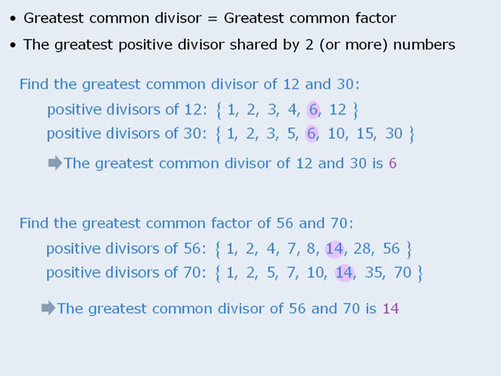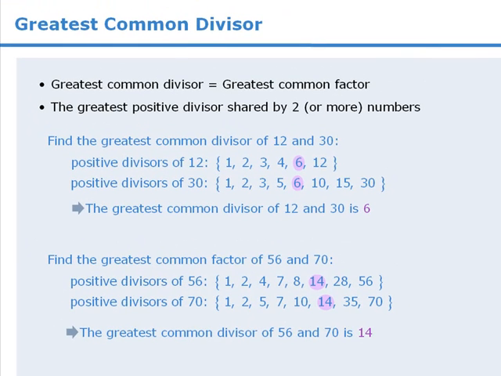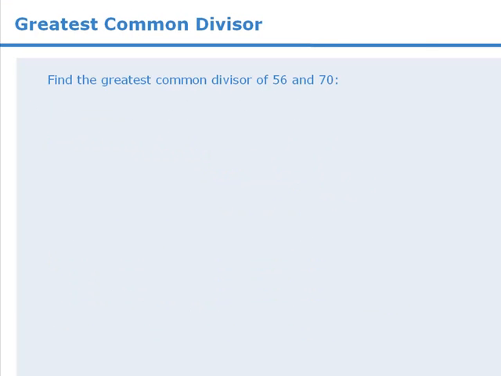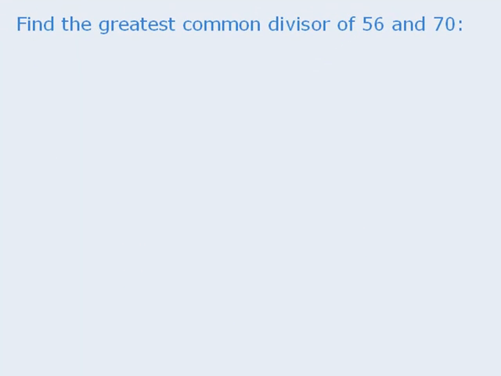Now, this method can be somewhat cumbersome when dealing with large numbers, so let's look at another technique for finding the greatest common divisor. To demonstrate this technique, we'll find the greatest common divisor of 56 and 70. To begin, we'll find the prime factorization of 56 and the prime factorization of 70. At this point, we'll find all of the prime factors that they have in common.